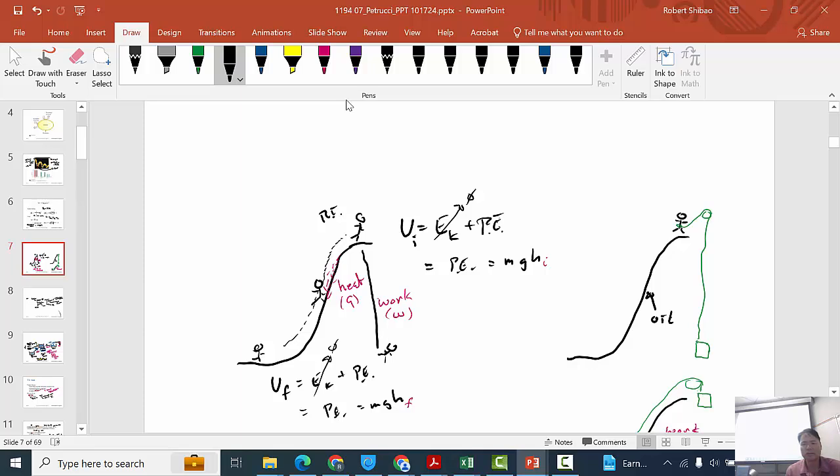So delta U is the same regardless, because delta U only depends on U initial and U final. So delta U is fixed for this particular slide. And this is the same delta U over here. We're starting off with the same initial and the same final.